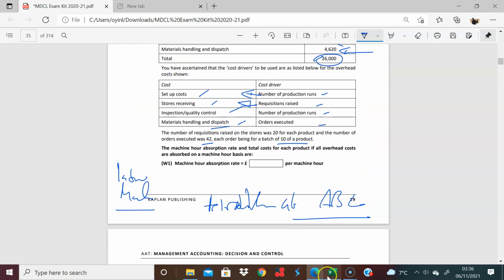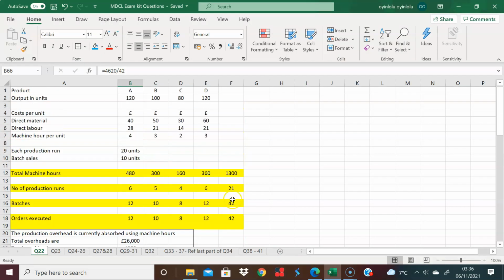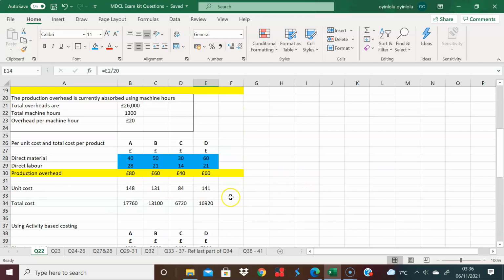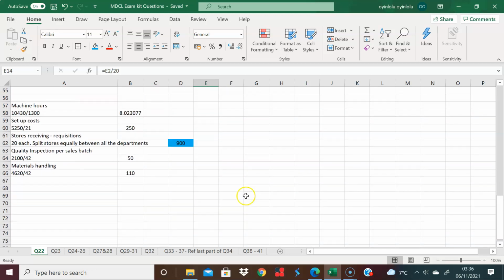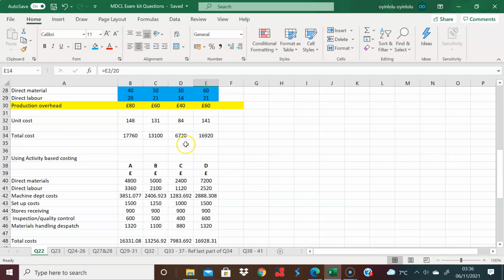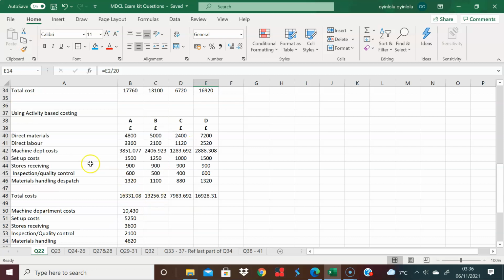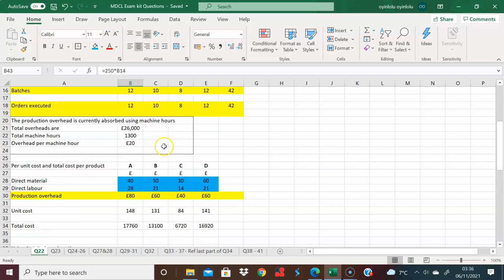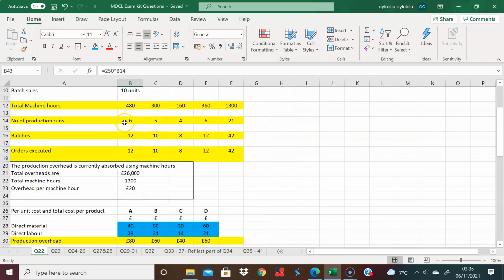If I come back out here, I had 6 production runs for A, 5 production runs, 4 and 6. So all I'm literally doing is, now that I know each production run is 250, I will multiply that 250. Let's look at the setup cost here. That's the 250 times B14, which is the number of production runs.